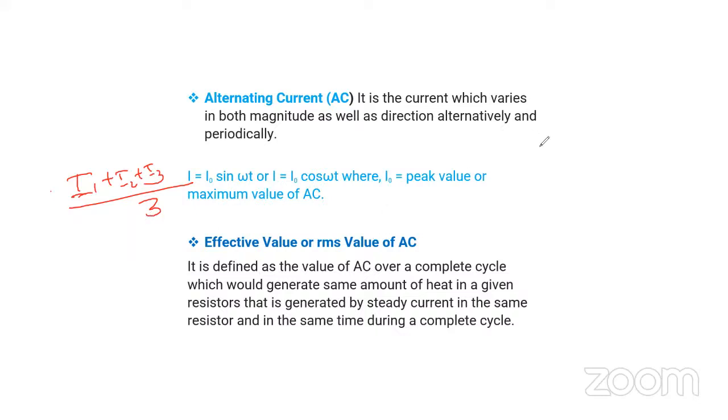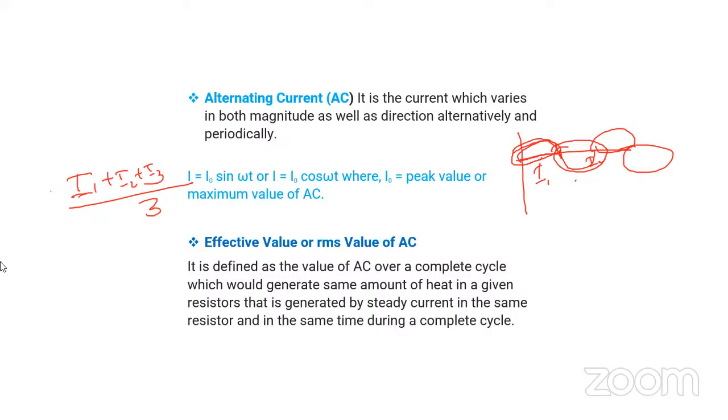For example, this is a half cycle, and from here to here is one complete cycle. For this half cycle, this is I1, this is I2, this is I3, I4. This mean is called the mean value of AC, or the average value of AC.